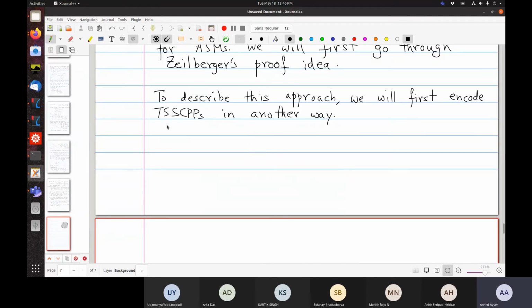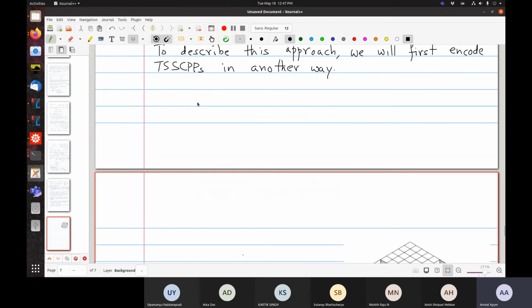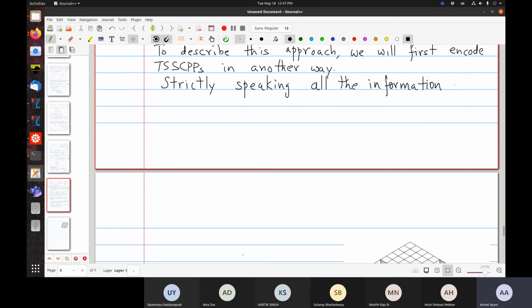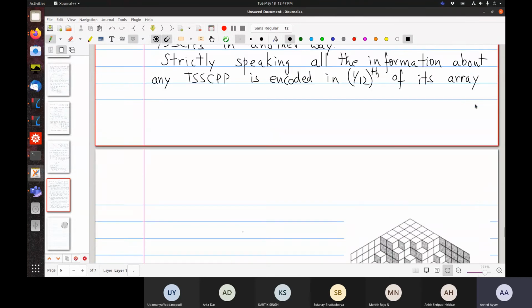Strictly speaking, all the information about any TSSCPP is encoded in 1/12 of its diagram, of its matrix or table, of its array. So let me show you how.